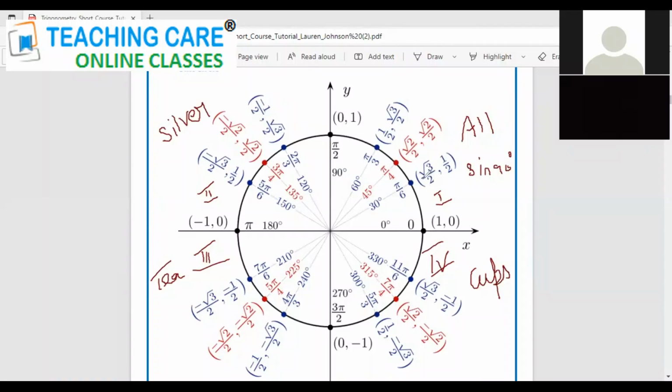For the second quadrant, take the first letter alone. In the first letter, which trigonometric ratios start with S? It's sine, and secant. These two will be positive. Other than these, all the things will be negative. Understood? Got it?